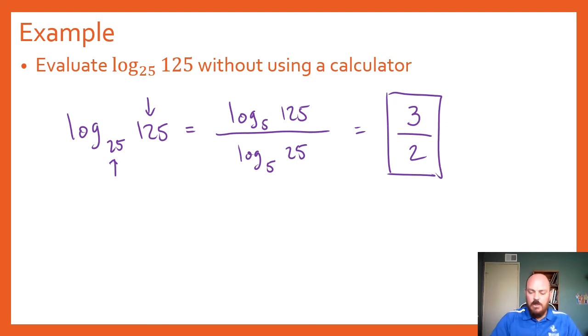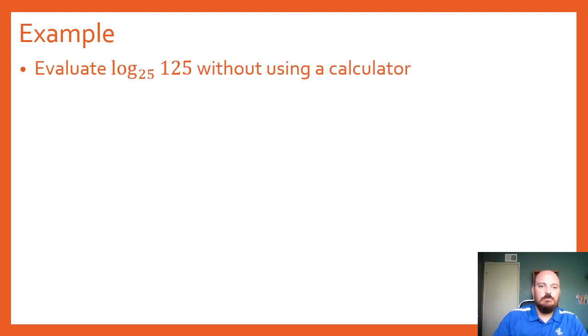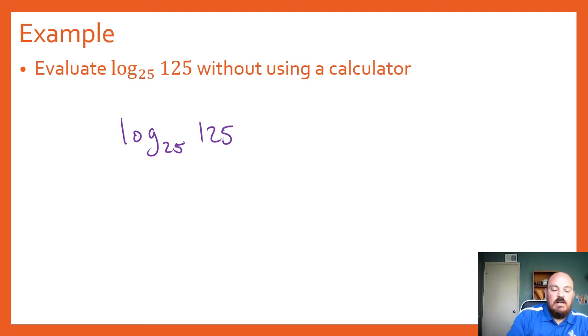There actually are other ways to do it. You can kind of manipulate it and use the u minus v rule. Let me show you one more way. I told you I want to show you three. So we have log base 25 of 125, and let's say I realize that 125 is actually 5 cubed.